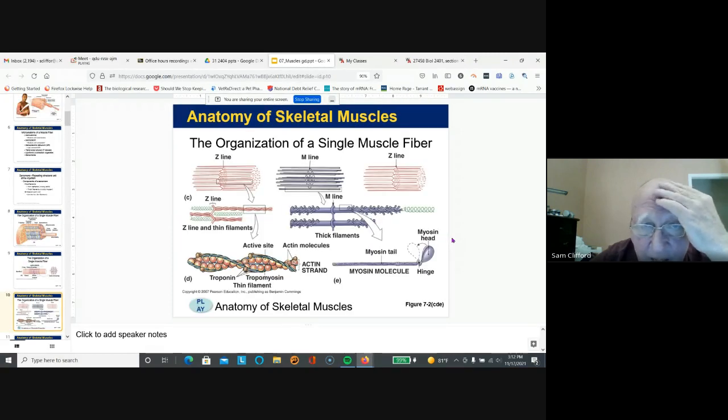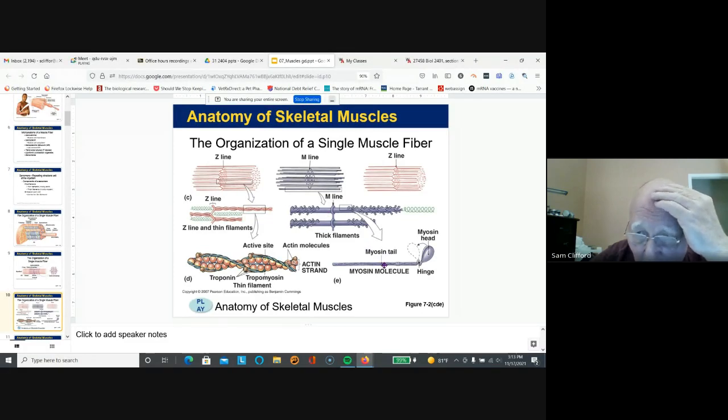So when a muscle contracts, these myosin heads are going to be energized. Calcium is going to come in, and it's going to bind with troponin. When it binds with troponin, the tropomyosin rotates and exposes the myosin binding sites on the actin.